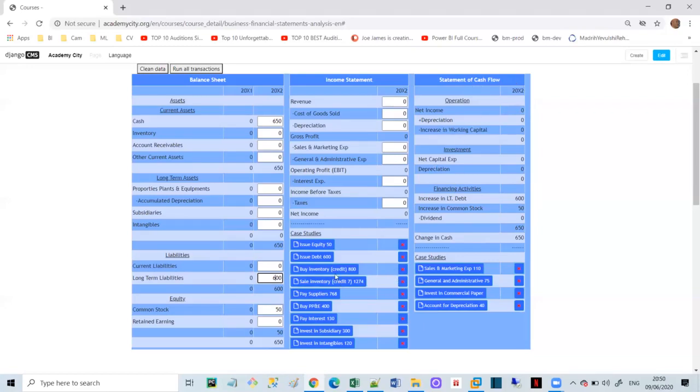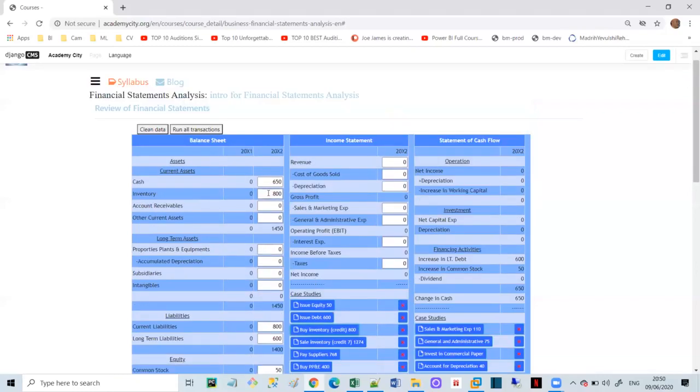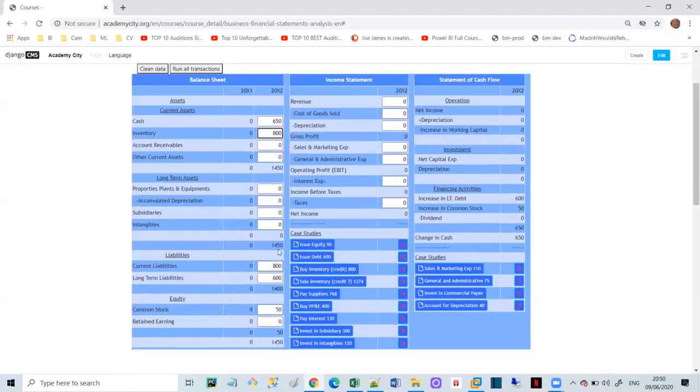Let's take the third one. We just bought inventory. Let's click on inventory. Well, we have inventory and we took a credit from the supplier. No profit, so there is no effect on the income statement. Is there any effect on the statement of cash flow? Nothing really changed in the cash because I just bought inventory, but I got a credit, okay? So I'm not seeing any effect on the statement of cash flow.